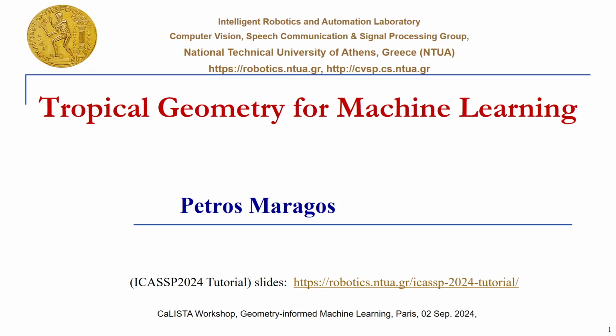And it's becoming actually a nice collection of ideas and tools for designing, analyzing, and understanding many classes of both classical and deep machine learning. And this will be the topic of my talk.